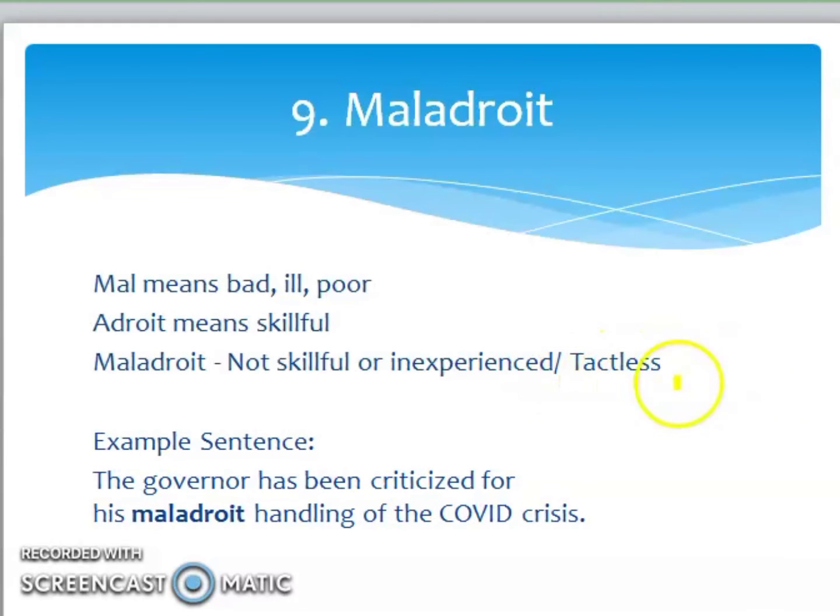If someone is using tactics, it means that he's using skills. Example sentence: the governor has been criticized for his maladroit handling of the COVID crisis. You could say governor or the government has been criticized whatsoever.